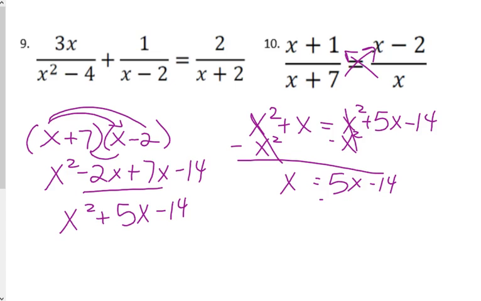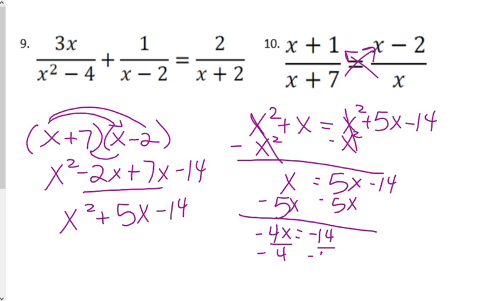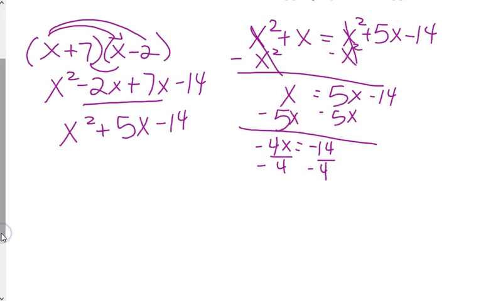Let's go ahead and subtract the 5x from each side, because we already have all our constants on one side. X minus 5x is negative 4x equals negative 14. Divide both sides by negative 4. And this is not going to be a whole number, which is fine. Negative 14 divided by negative 4 is 7 over 2. So x equals 7 over 2.